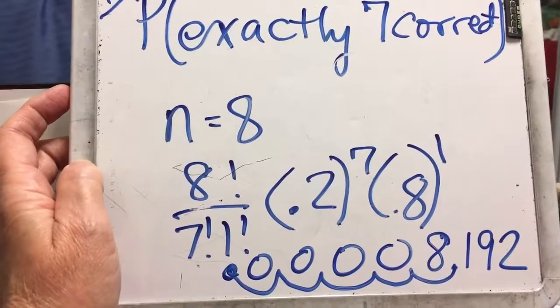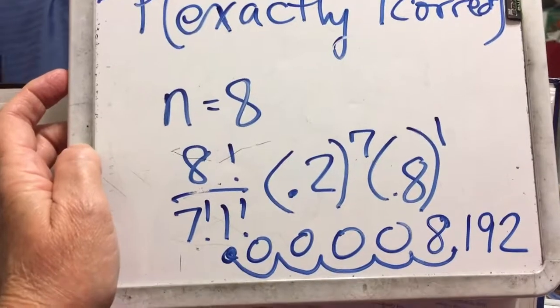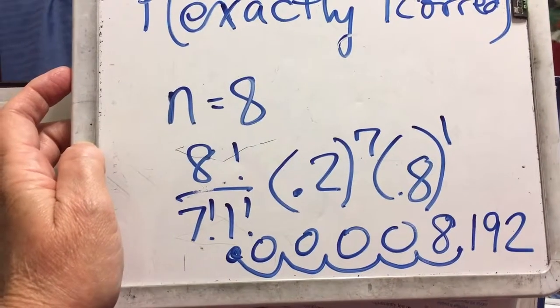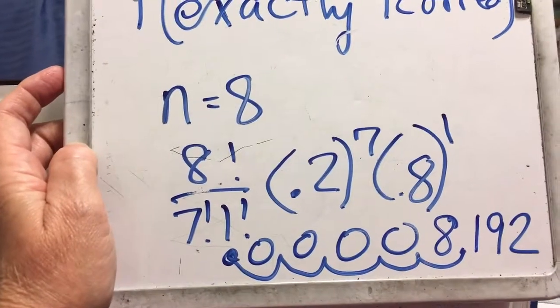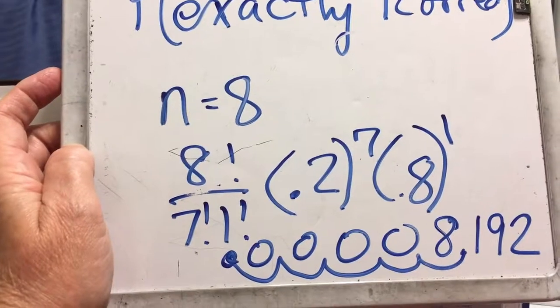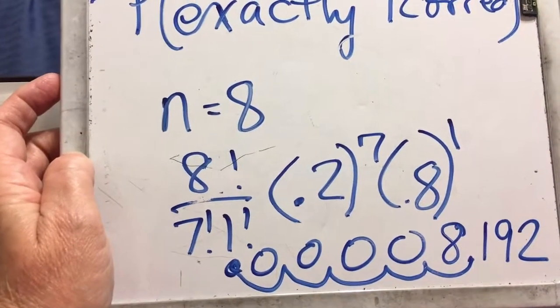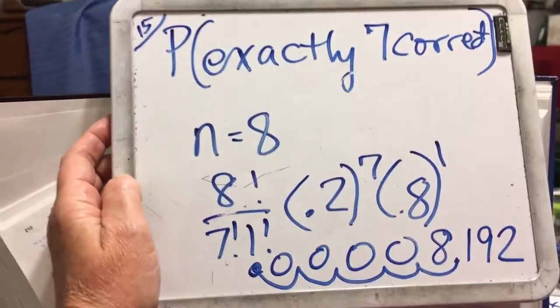So 0.8 raised to the 1 power. When I calculate that all out, I get 0.0008192. I actually got the funny little exponential there, and I had to move my decimal, so that's why it looks funny like that. And that is the correct answer.